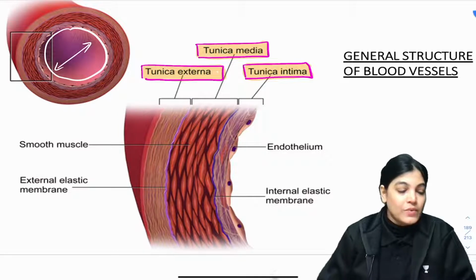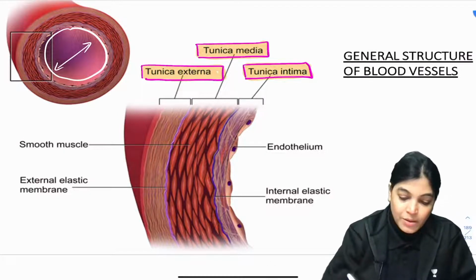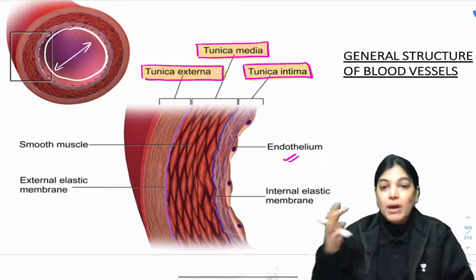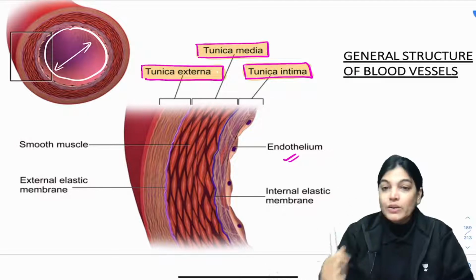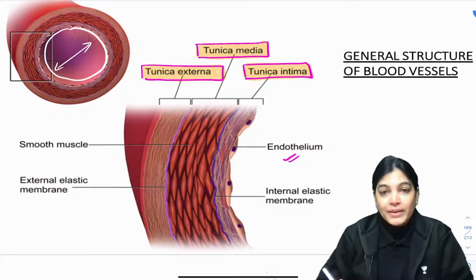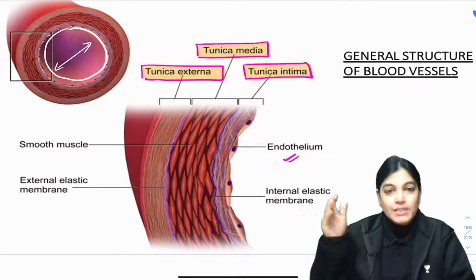Now, what are the brief or important points about these layers? If we talk about the intima, that is the innermost layer from the lumen, and it consists of endothelium and subendothelial connective tissue. There are 2 layers which are separating.